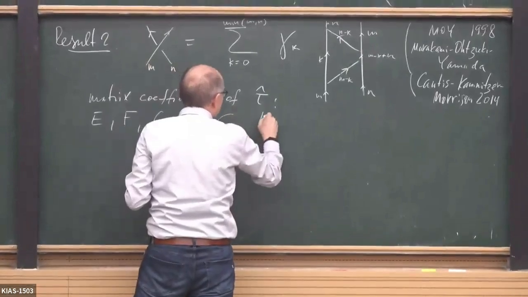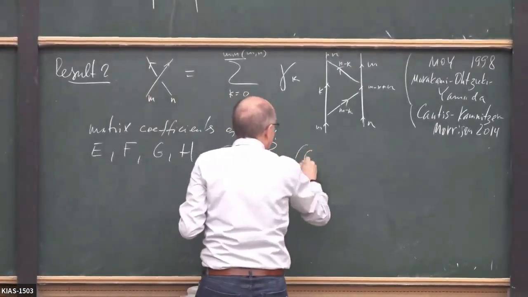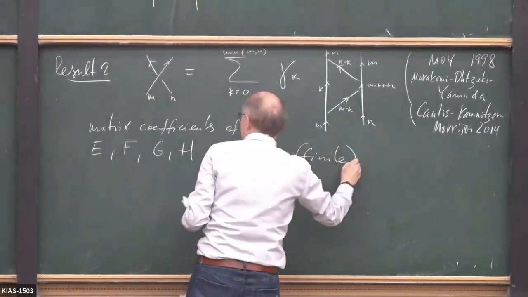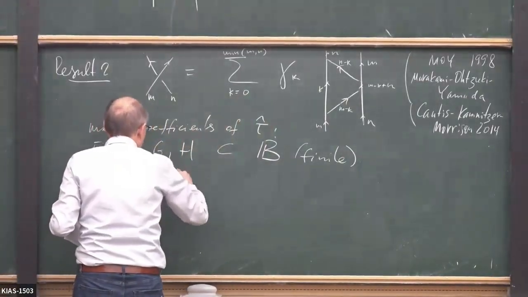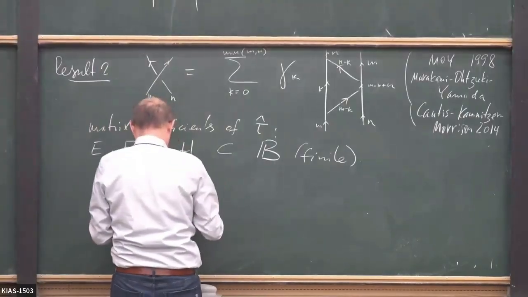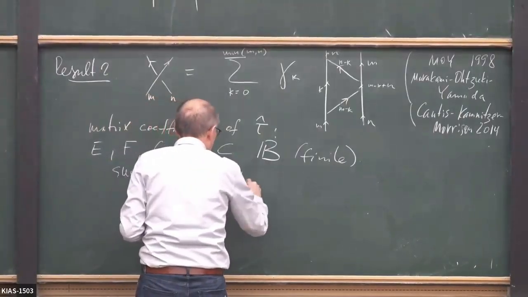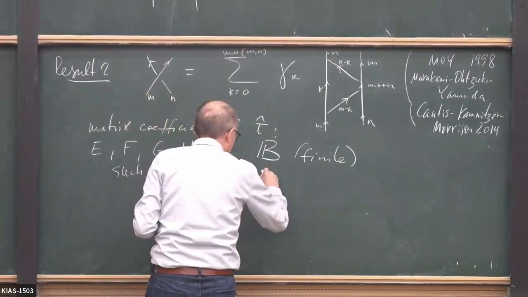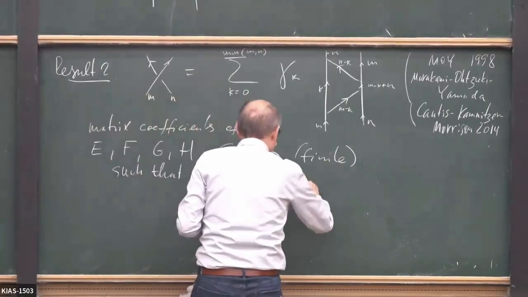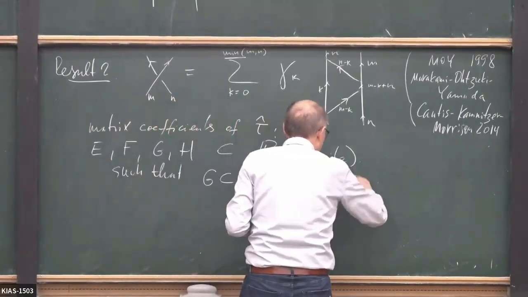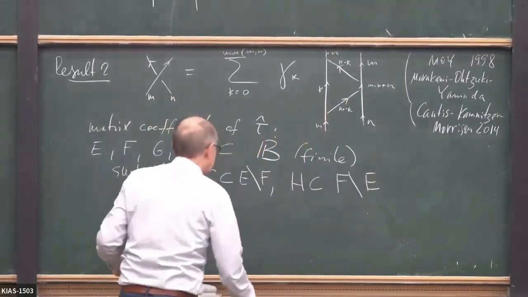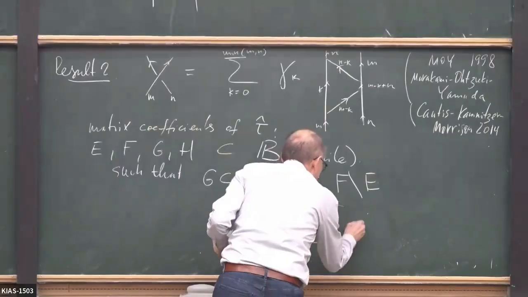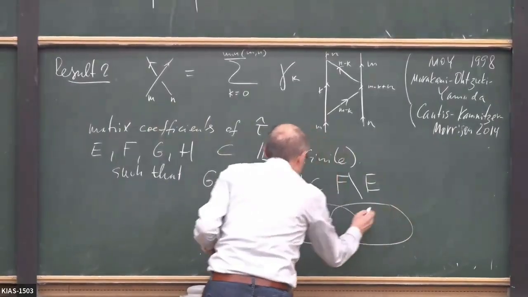These are finite subsets of B such that G is contained in the complement of F in E, and H is contained in the complement of E in F. So there is a Venn diagram for such theoretical manipulations.